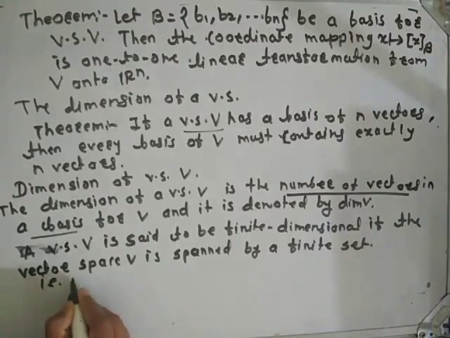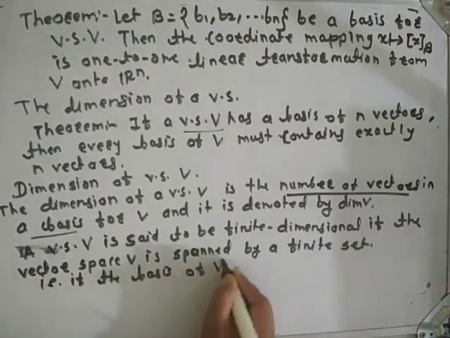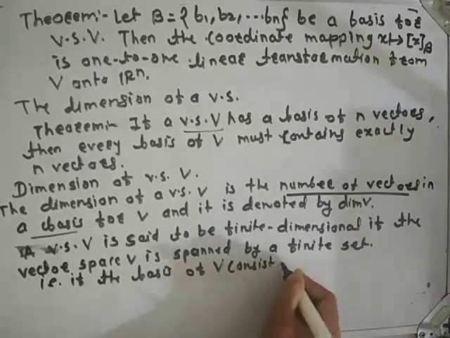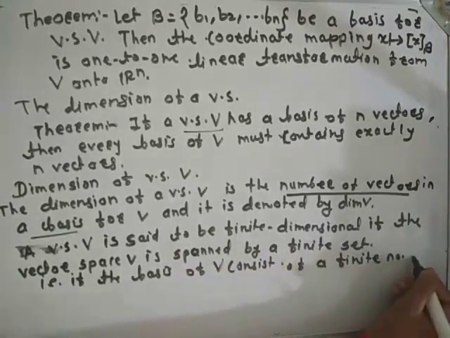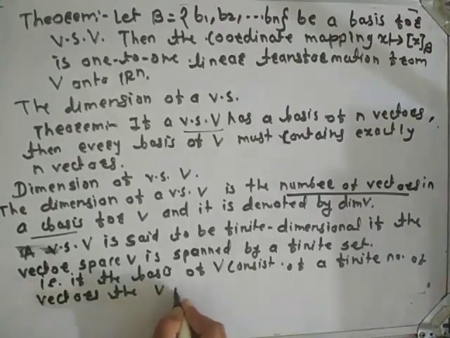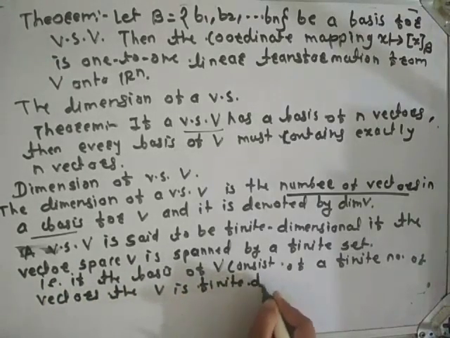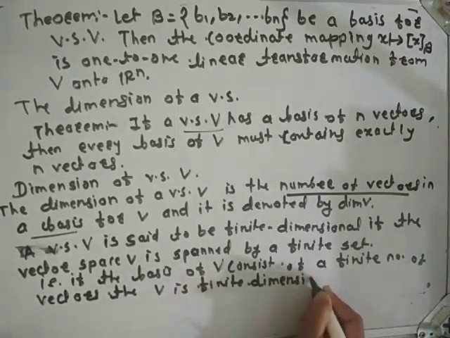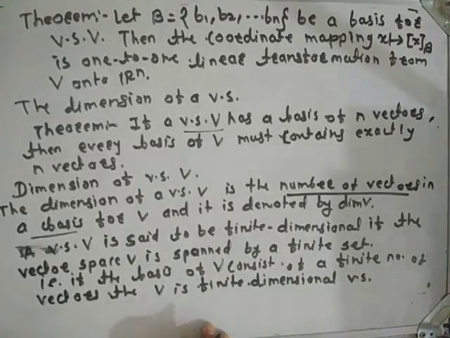That is, if the basis of V consists of a finite number of vectors, then V is a finite dimensional vector space.